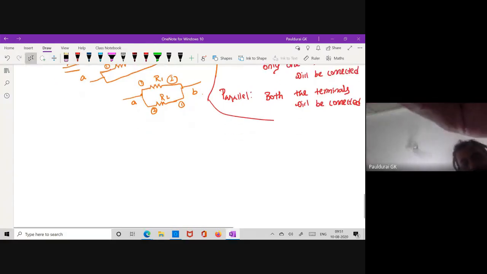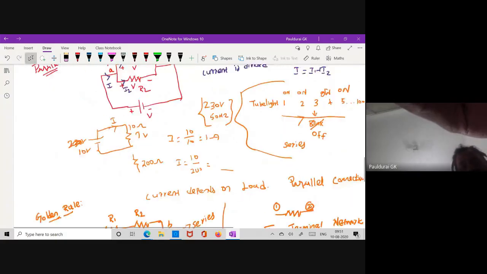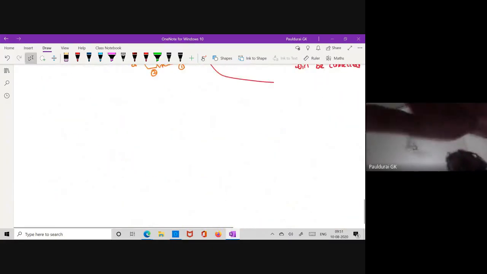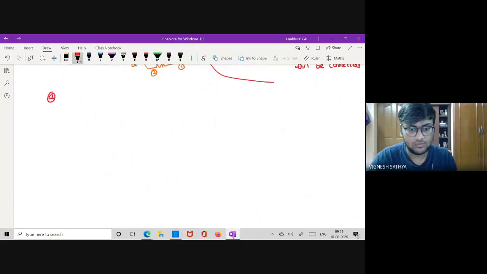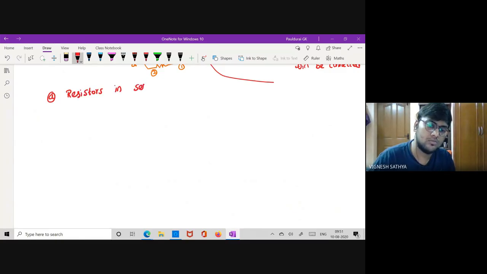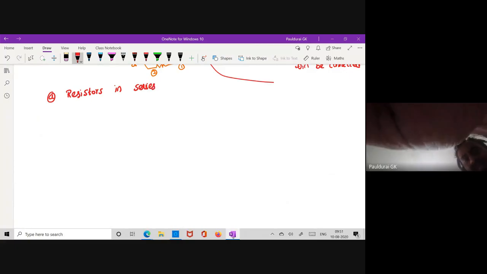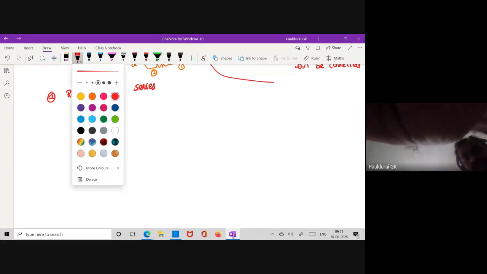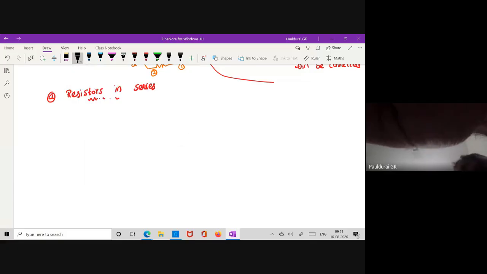So now the heading: resistors in series and parallel. Suppose you connect 2 resistors in series; now put the subheading resistors in series. So you know what a series connection is, right? Now the question: if you connect 2 resistors in series, what is the equivalent resistance?